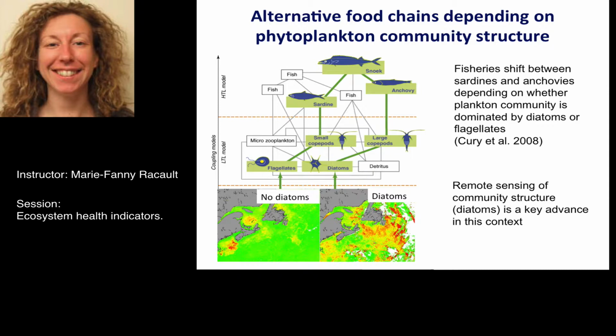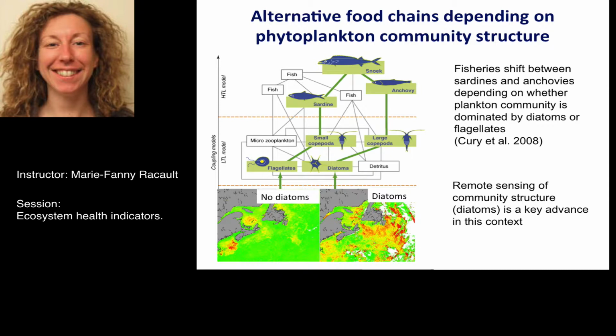Here is an example of a method that has been developed by Alvain et al., based as well on the reflectance of the signal. She is able to map different phytoplankton functional groups, including diatoms, shown in red on those two maps.